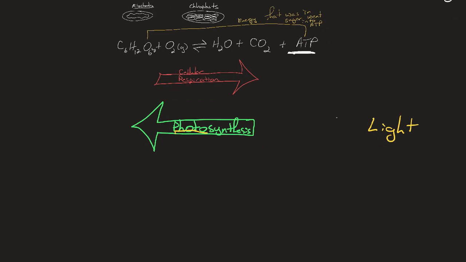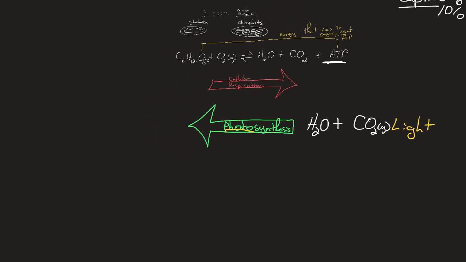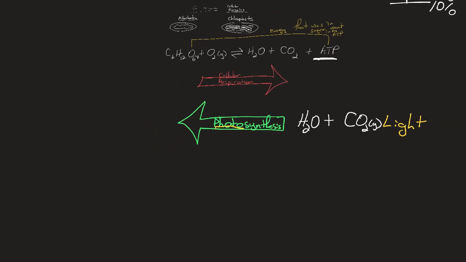You take CO2 gas and you add it to water, which is why plants need water. It's one of the many reasons plants need water. And they produce oxygen and ultimately C6H12O6, glucose in aqueous solution, and oxygen gas.